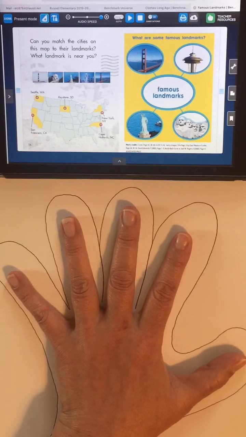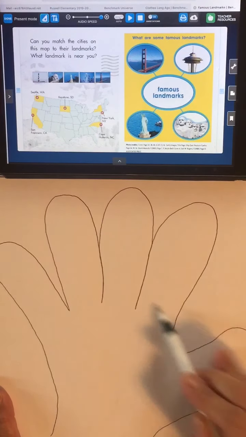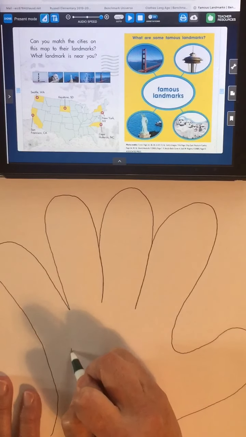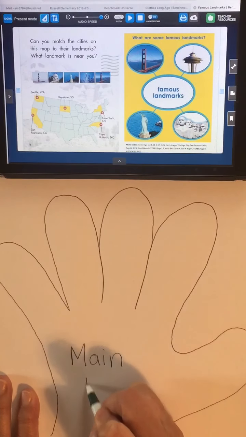This hand is going to be like our book. The whole hand here in the middle, this is your main idea.